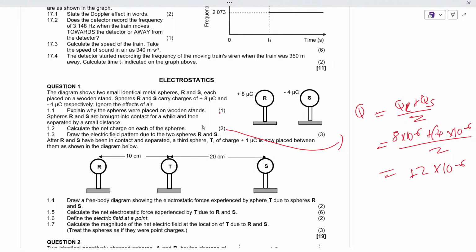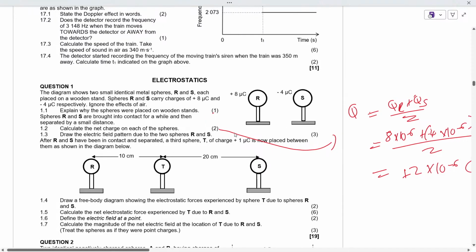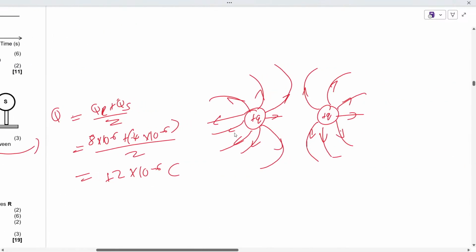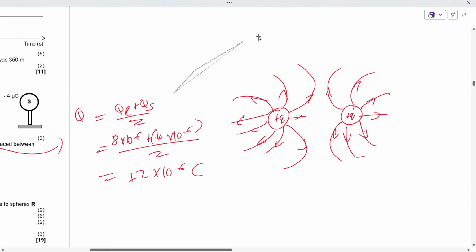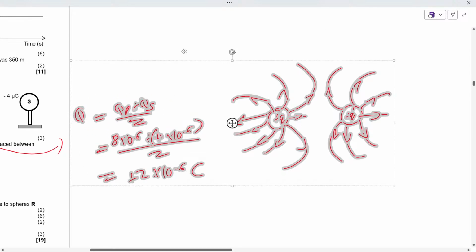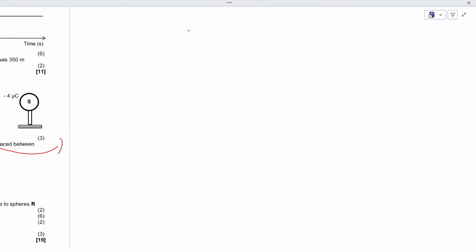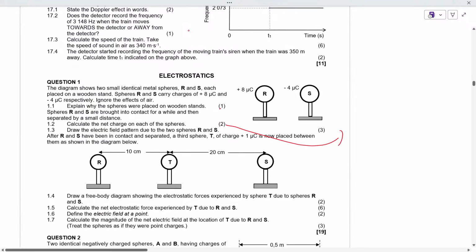1.4. Draw a free body diagram showing the electrostatic force experienced by sphere T due to spheres R and S. Okay, so now when the charges are like this, they are going to put another charge between these two charges.